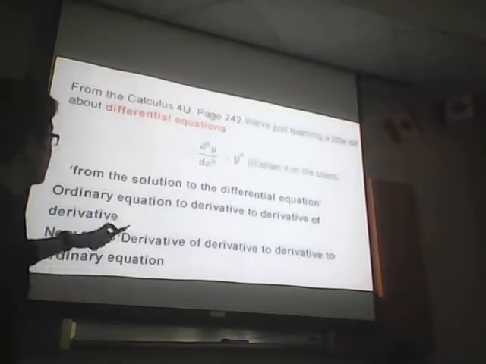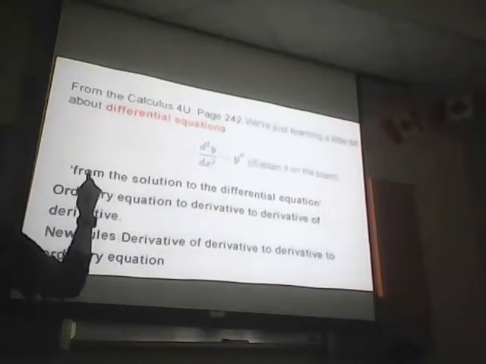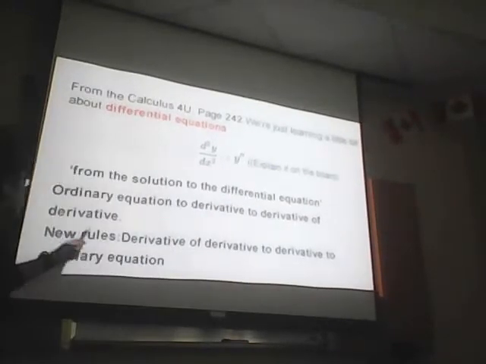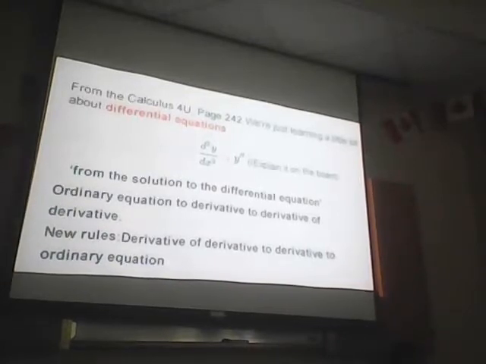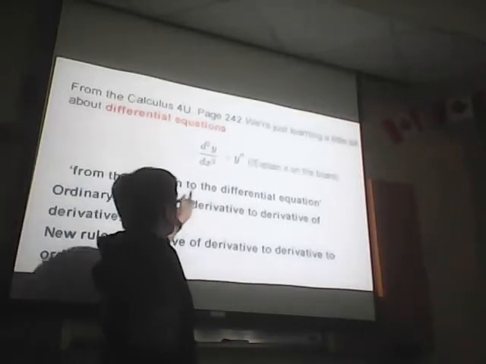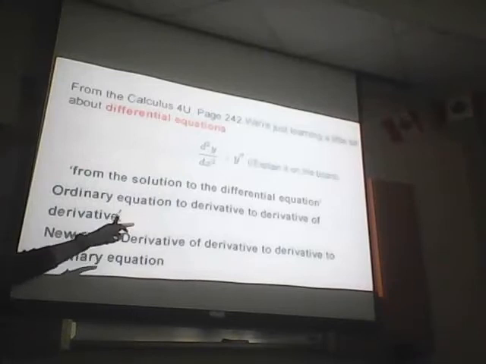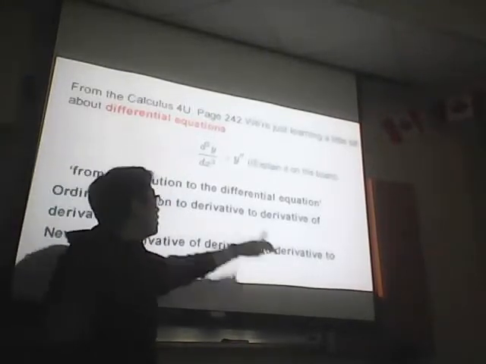This one I said before on the blackboard. This is the concept from the solution to the differential equation, the ordinary equation, the derivative of the derivatives. So this is the ordinary one.